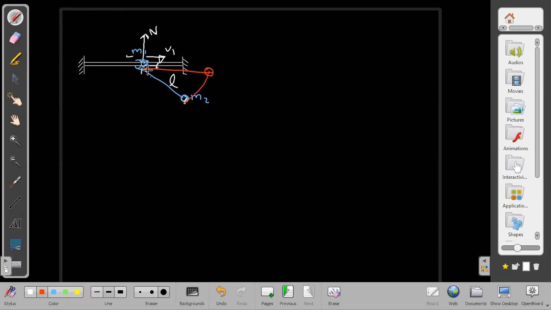And at this position, when it makes an angle theta with the horizontal, at that instant of time, we have to find out what will be the tension acting in the string.